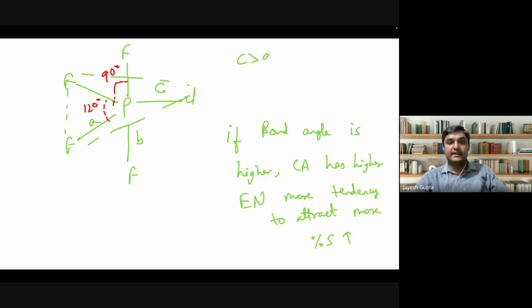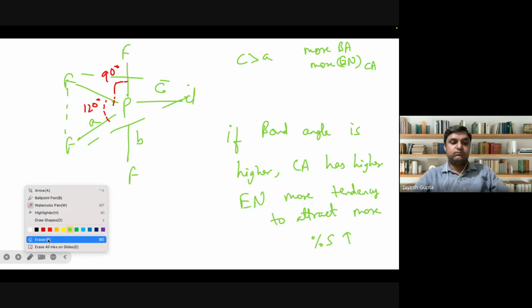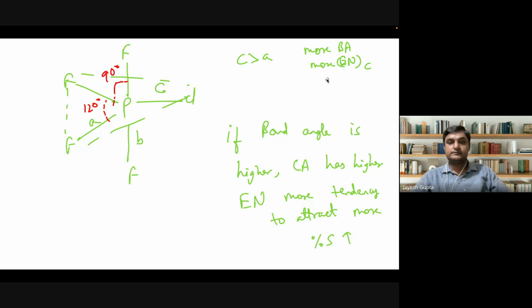So C will be greater than A. You can write here: more bond angle, more En of central atom, more percentage S, bond length decreases.